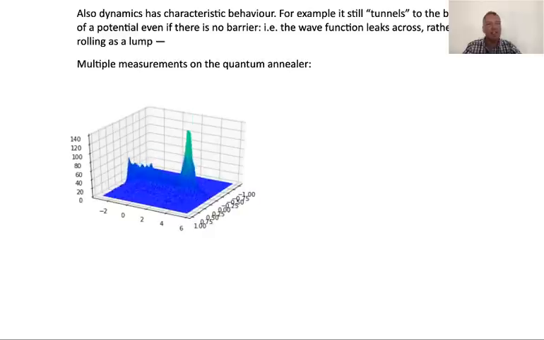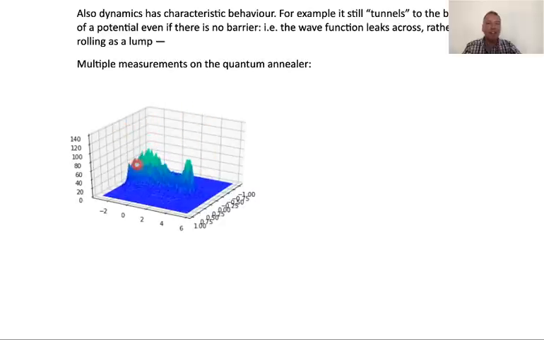So you see that it's behaving pretty much as you expect the quantum system to behave. If I just let it run a few times, you'll see it begins here at -2, and it rolls down the valley into the minimum. But you see it's not a single lump. It grows this peak here, and it sloshes across, just like it did in the numerical simulation.